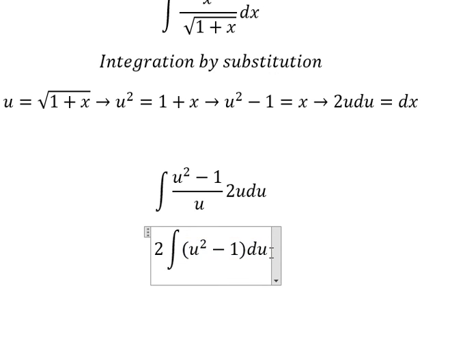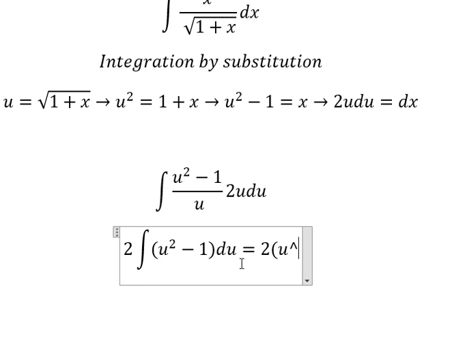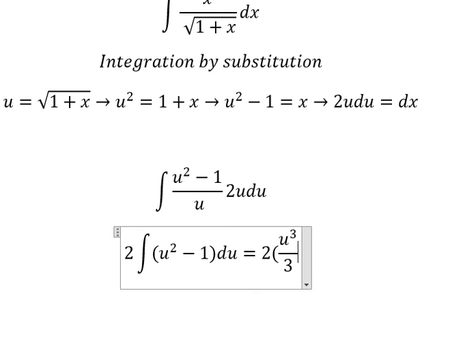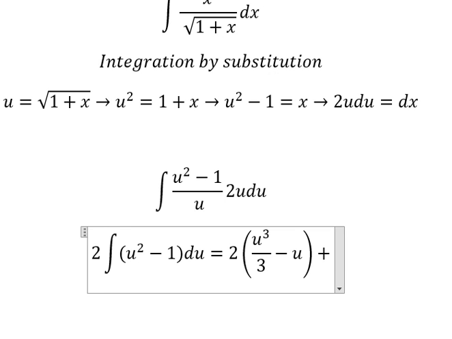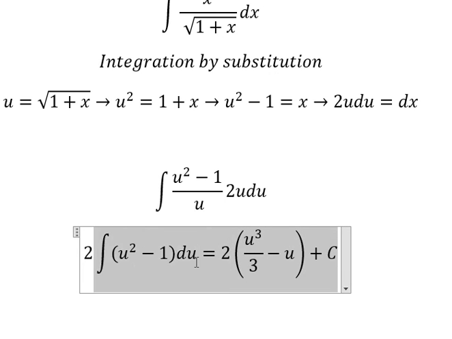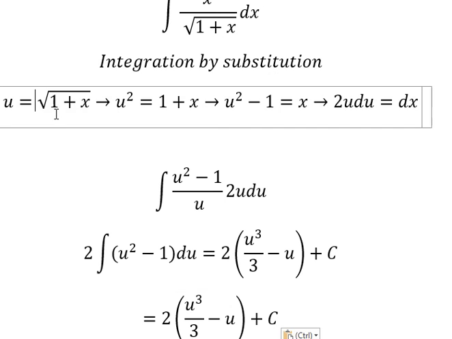So the integration of u square, we have u to the power of 3 over 3. Number 1 is about u, and then I will put c. About u, that is this one.